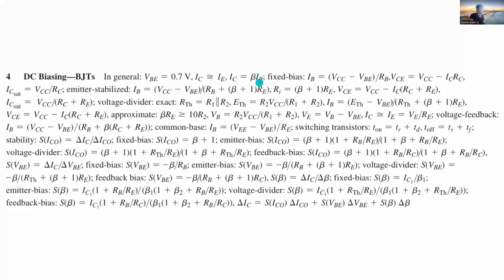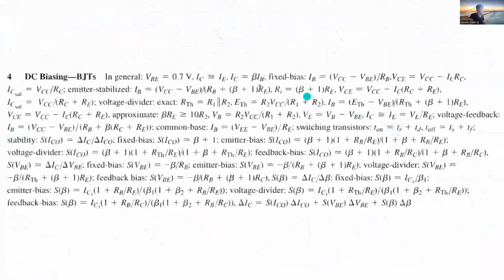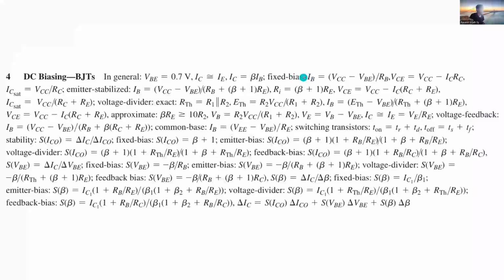Then we have the formulas as I said before. For the fixed bias, IB is equal to VCC minus VBE over RB, and then the VCE here, and IC saturation, VCC over RC. And then the other bias, emitter stabilized. Then these are the formulas: IB, IC, VCE, and then ICsat.